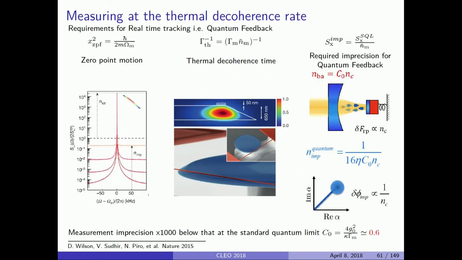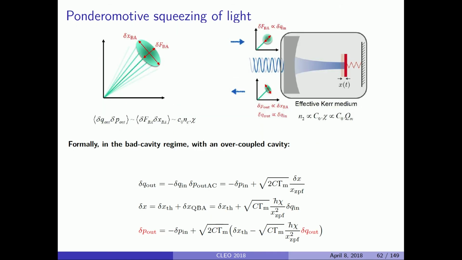Now, one interesting aspect about making measurements that are quantum back action dominated is the following: while you're making a measurement, the light that accesses the optical interferometer can get squeezed. Okay, and why is that? If you send a coherent state into the optical interferometer, the amplitude quantum fluctuations will start to drive the mirror. So this is this quantum backaction noise.